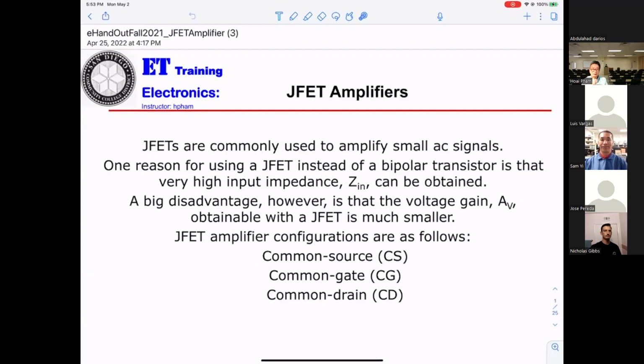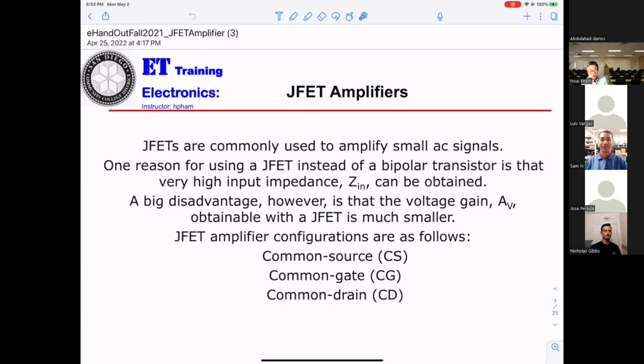And the last one we don't care about for now. So when you're looking at the JFET, you need to recognize whether it is DC fixed bias, self bias, or voltage divider, and how to do at least the minimum calculation.